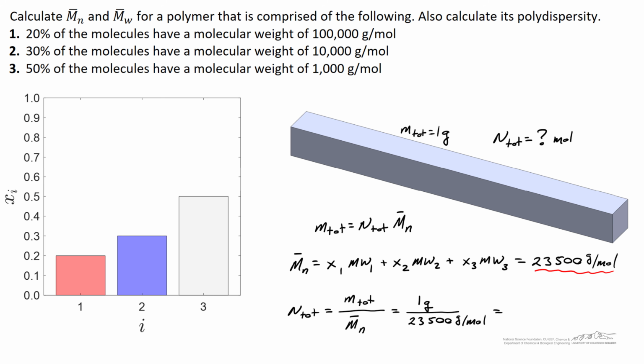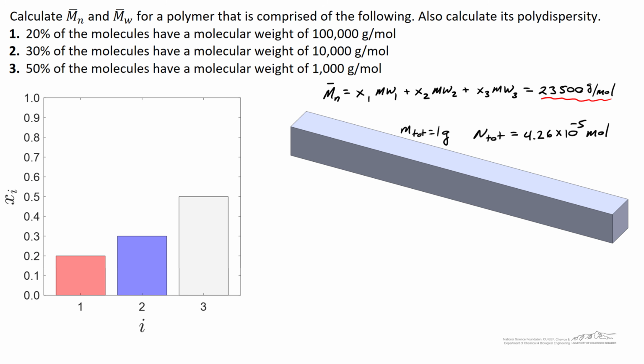We can use that molecular weight then to calculate that we have 4.26 times 10 to the minus fifth moles of molecules. Some of those molecules are big ones, and some of the molecules are really small. Well, let's calculate the number of moles of the molecules that have a molecular weight of 100,000 grams per mole.